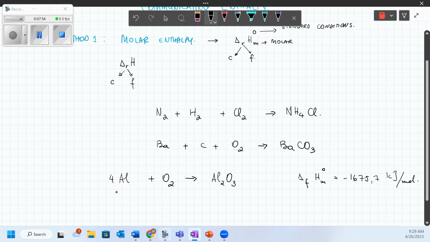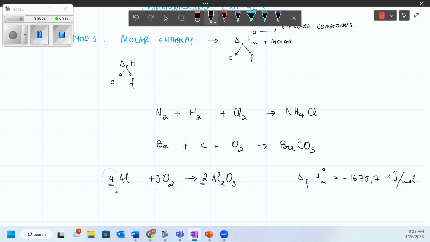As balanced, this will be 4, 3, and 2. And then you see that you have 4 moles, this is what it means when we have those coefficients. 4 moles of aluminum are reacting with 3 moles of oxygen gas to produce 2 moles of aluminum oxide.